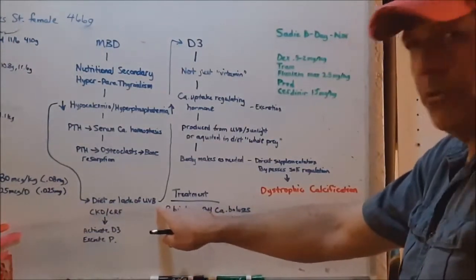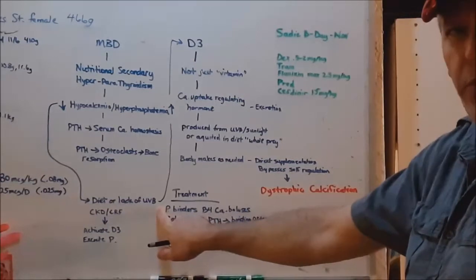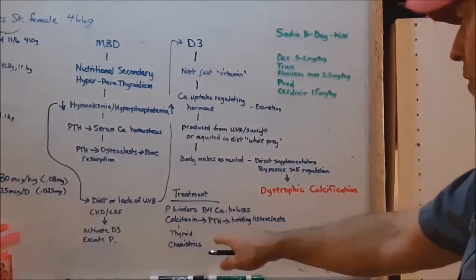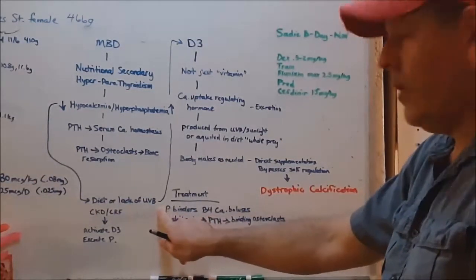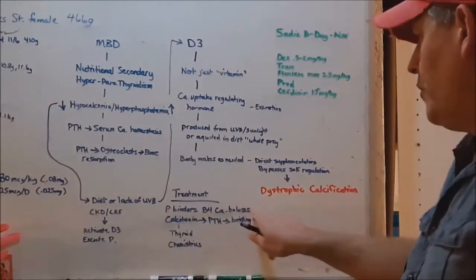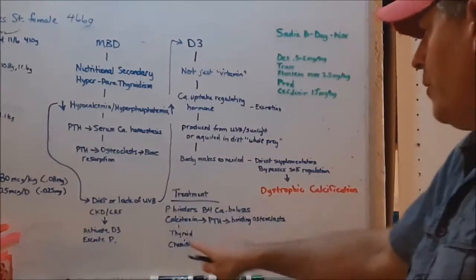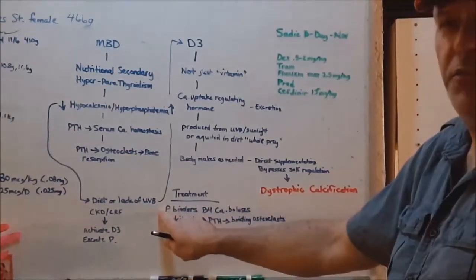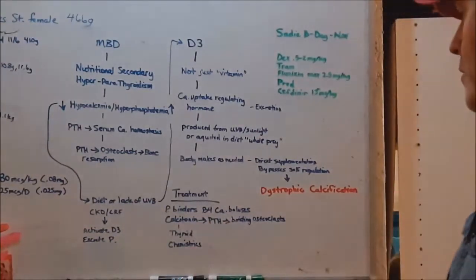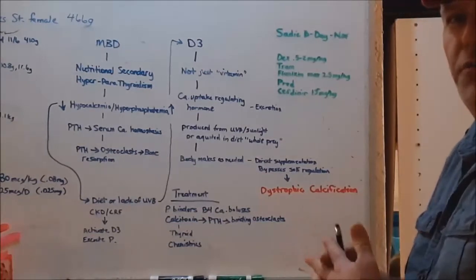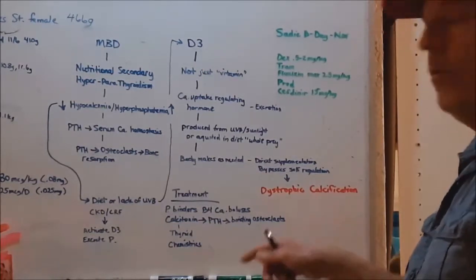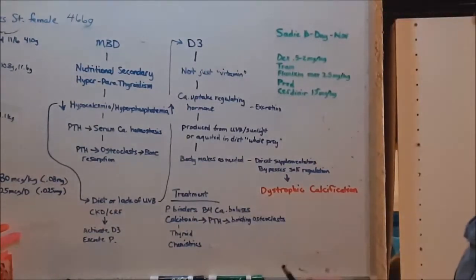You give the phosphate binder with the food, and then give it a couple of hours before you give any calcium supplementation, so that you're sure that phosphorus has been bound up. So you're not going to get that calcium and phosphorus binding together and causing soft tissue calcification.